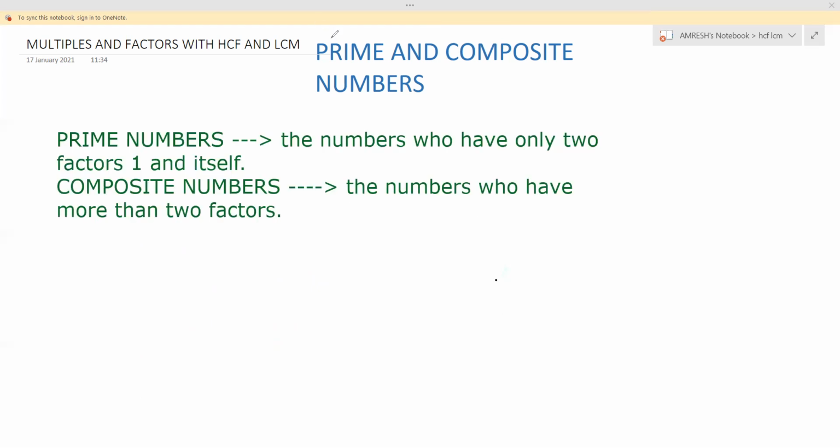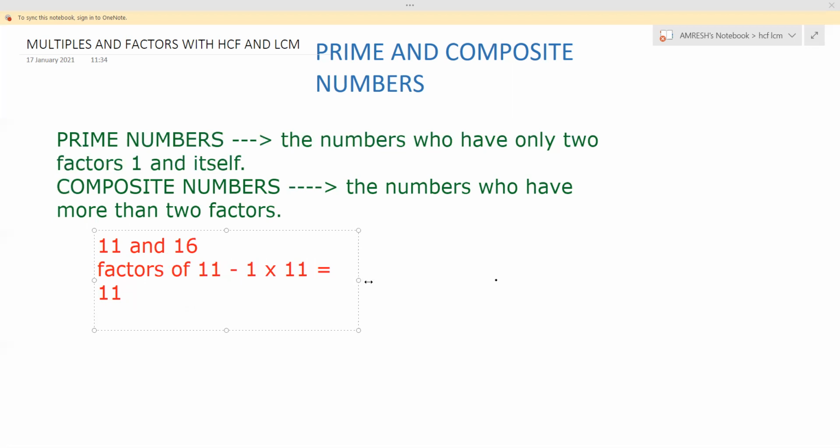Now factors of 11, if I will tell you: 1 eleven is 11. You know 1 is a factor of every number and every number is a factor of itself.